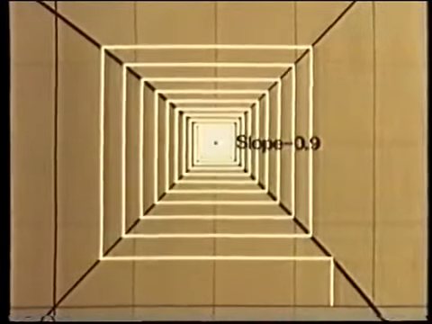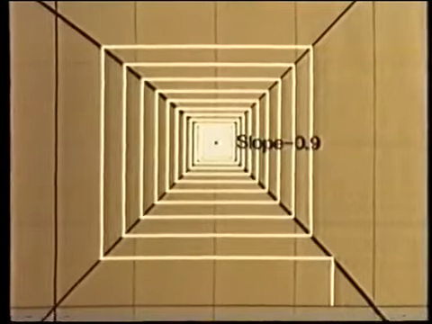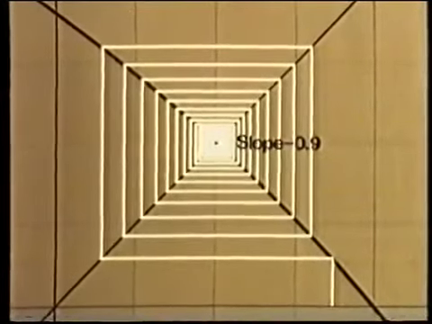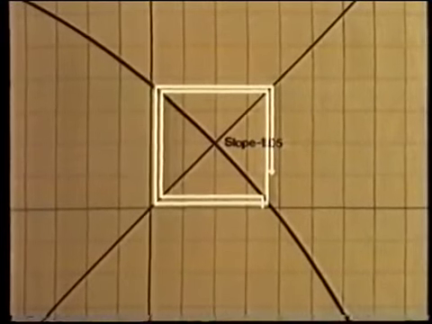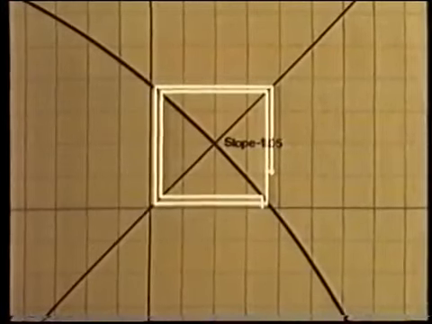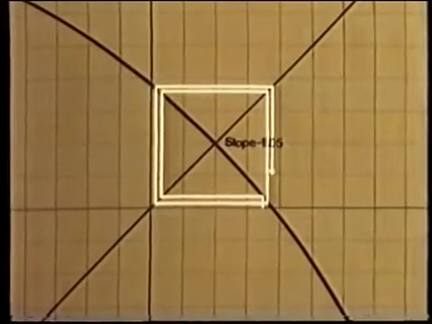With a slope of minus 0.9, it takes a tremendous number of spirals before we get near the solution. But now, if we take a curve which is slightly steeper than slope minus 1, we get divergence, slowly. For curves which are even steeper at the solution, the divergence is faster.